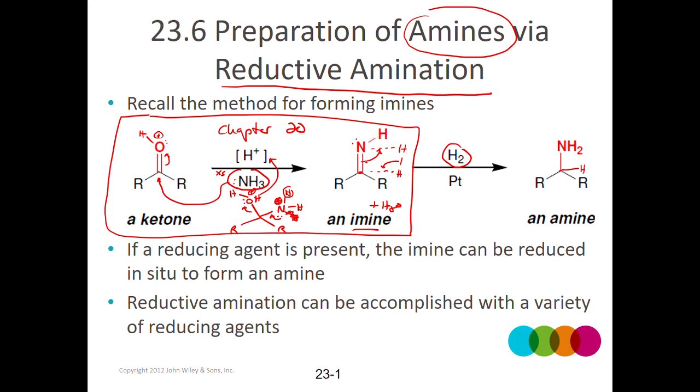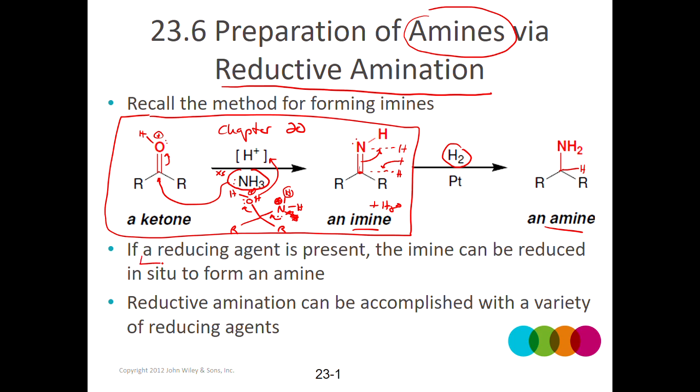By breaking the pi bond and the sigma bond between the hydrogens, and forming a couple of new sigma bonds between the nitrogen and hydrogen and the carbon and hydrogen, that will hydrogenate and reduce the imine to an amine. The way this looks here, it might be two separate steps.